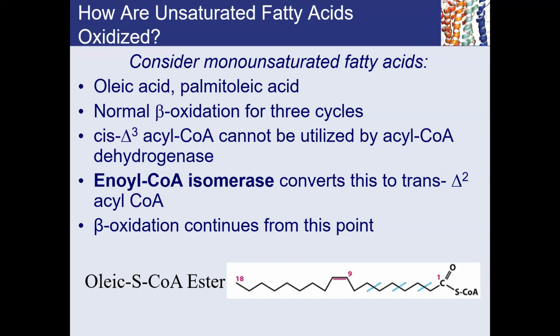Remember, that's the omega carbon. And there are some enzymes that can carry out omega oxidation. Typically, those enzymes are found in the endoplasmic reticulum of liver and kidney cells, okay? And so it's a minor pathway. Omega oxidation is not a major pathway.